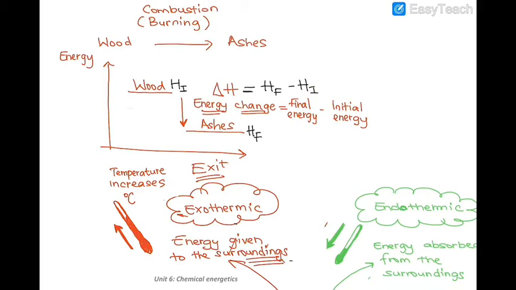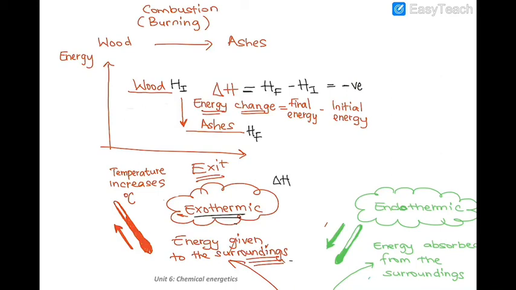Because the final energy is lower than the initial energy, when you subtract a larger number from a small number, the result is going to be negative. So delta H is negative for an exothermic reaction.